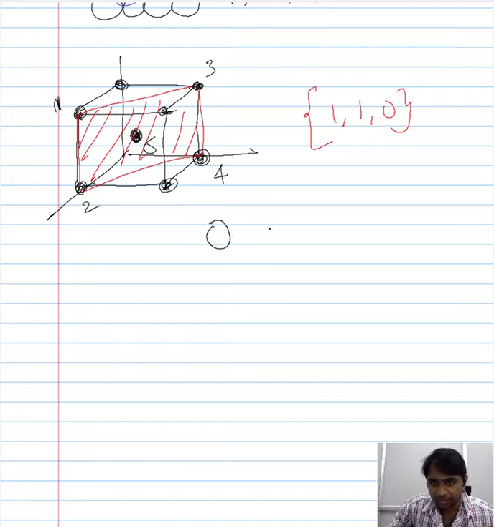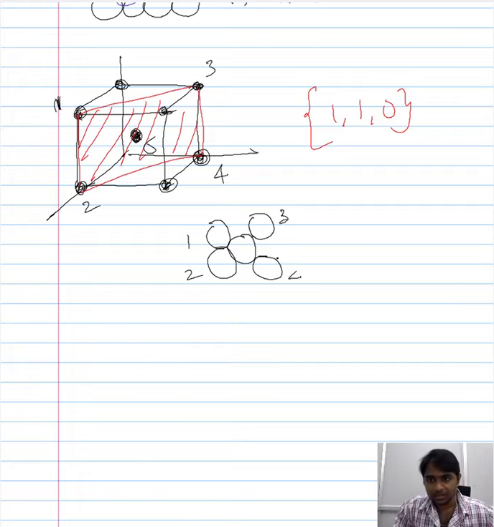You would have your atoms 1 and 2 touching each other, and touching these two you have your body centered atom. 1 and 3 will not be touching each other, but the body centered atom and 3 will be touching, and the body centered atom and 4 will be touching. So this will be your 3, 4, and this will be your body centered atom.